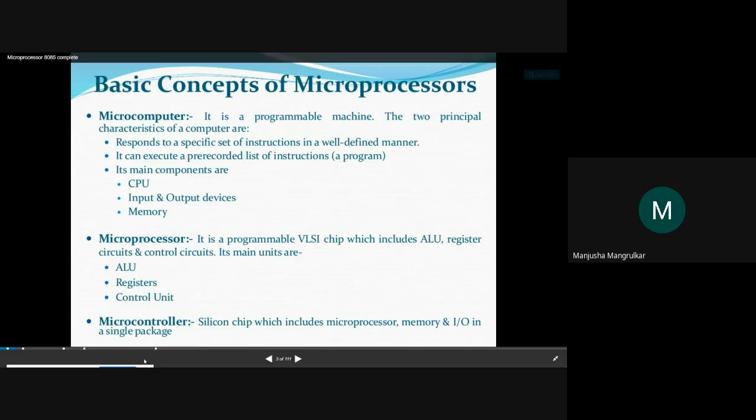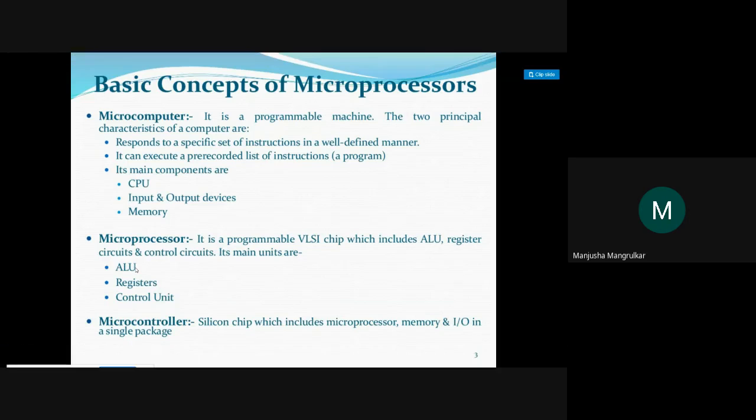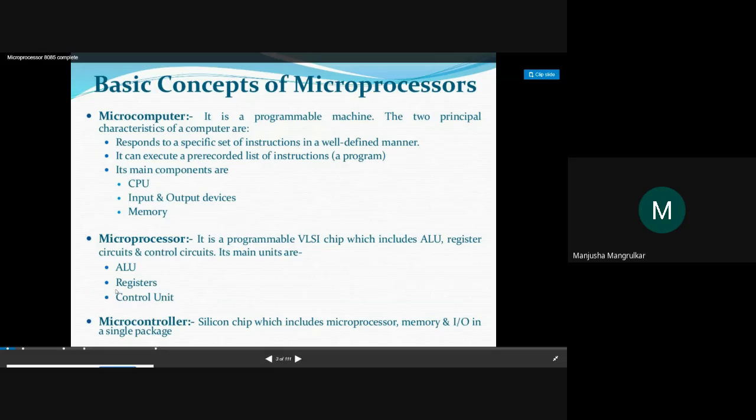The microprocessor is a silicon chip. What are the basic units? ALU means arithmetic logic unit, registers, and the control unit. These are the microprocessor units.